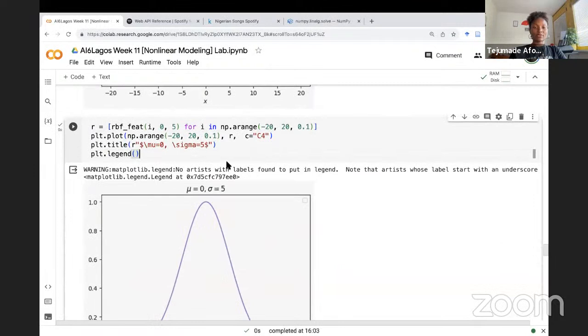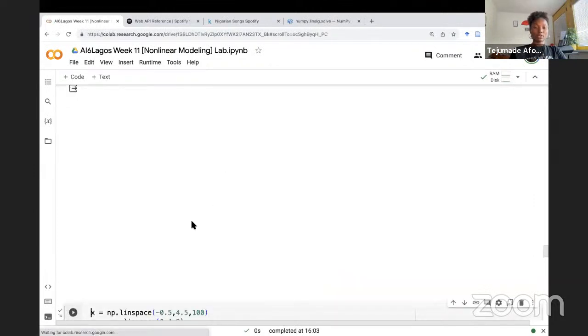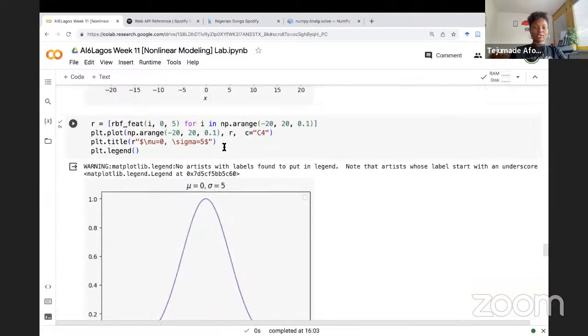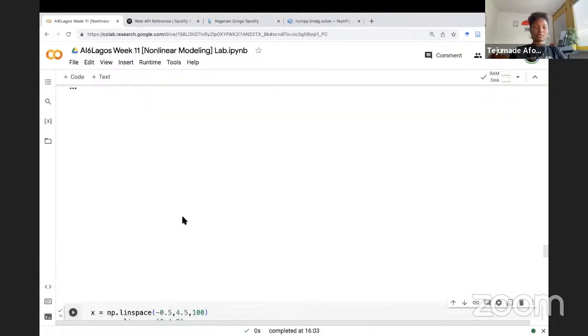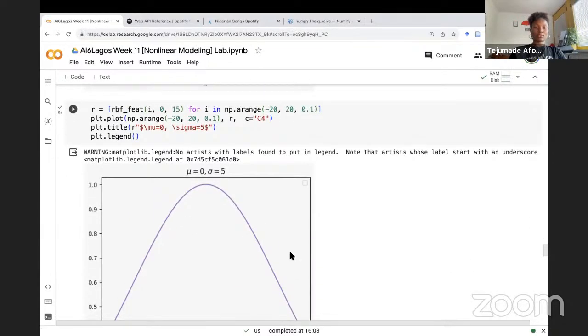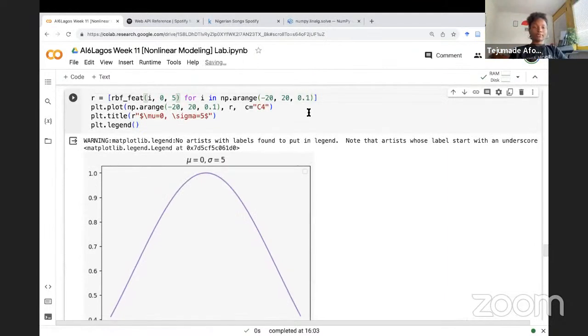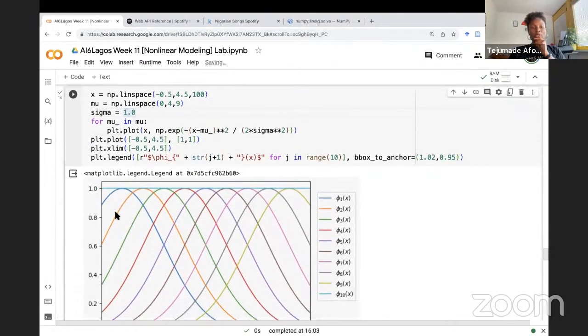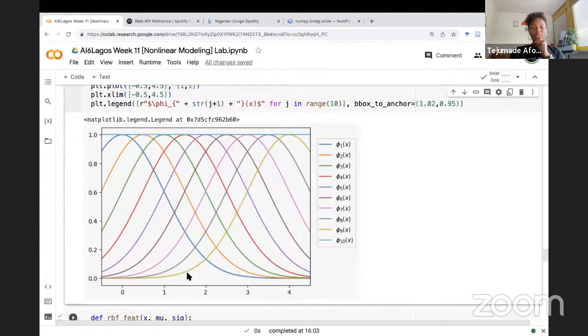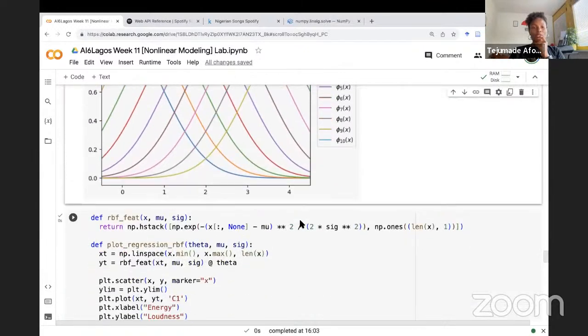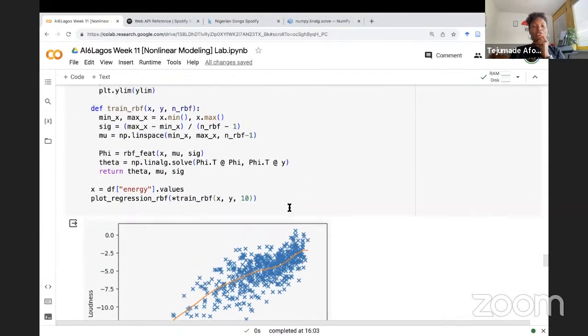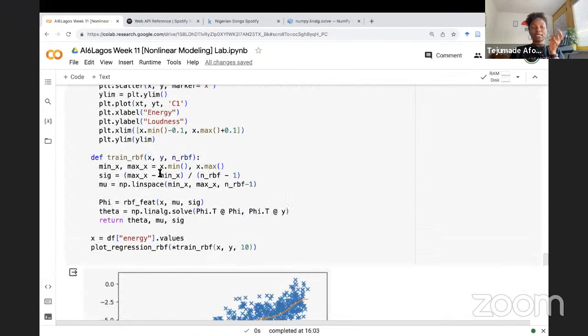This was with a mean of 0 and variance of 5. If you change it to a variance of 15, it just spreads out more, and so on. You can also plot a lot of them with different means, which is what is going on here. You can now use this idea to train an RBF model, which is what is here.